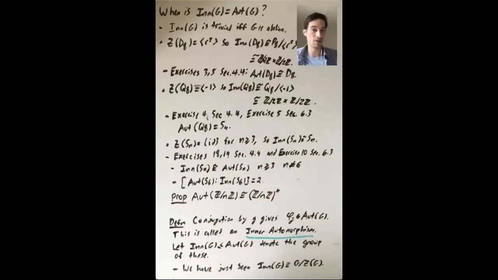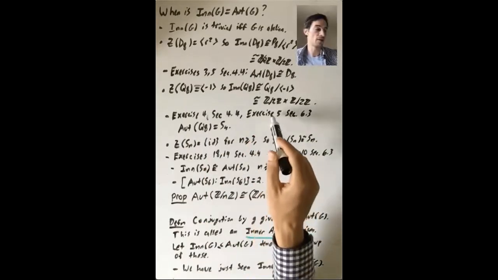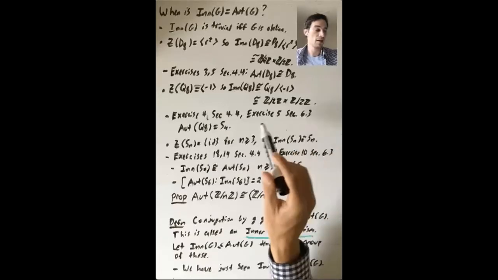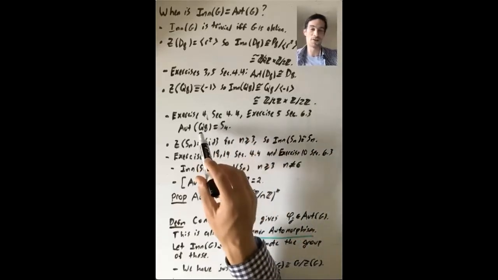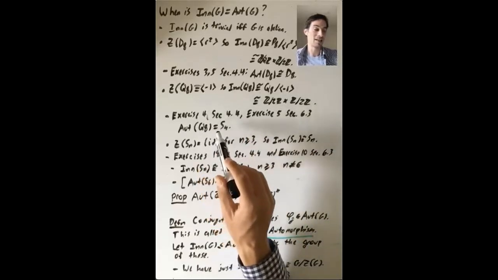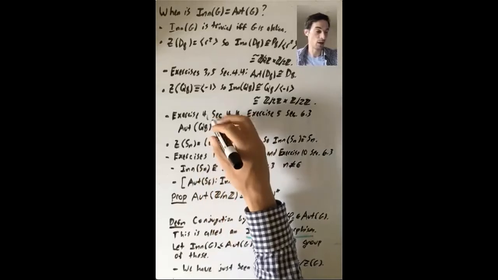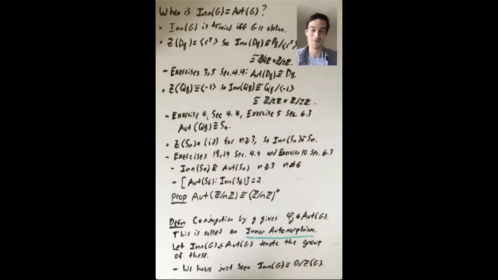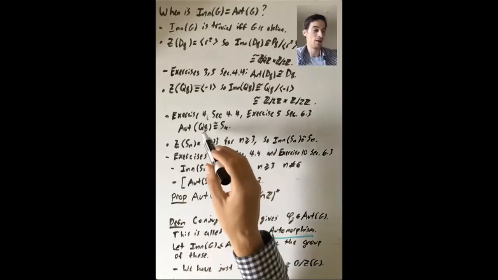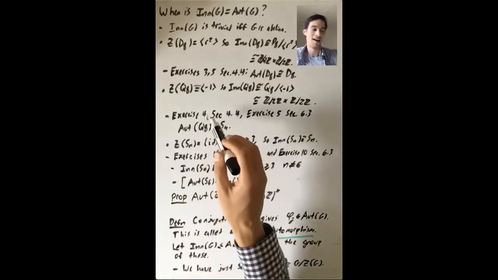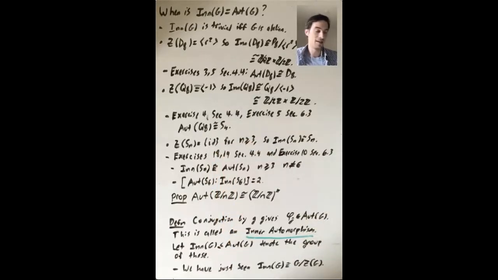This statement is more difficult to prove. Exercise 5 in section 6.3. These two together show that the automorphism group of Q8 is isomorphic to S4, the symmetric group on 4 elements. So what does that mean? There are a lot more automorphisms of Q8 that don't come from conjugating by an element.